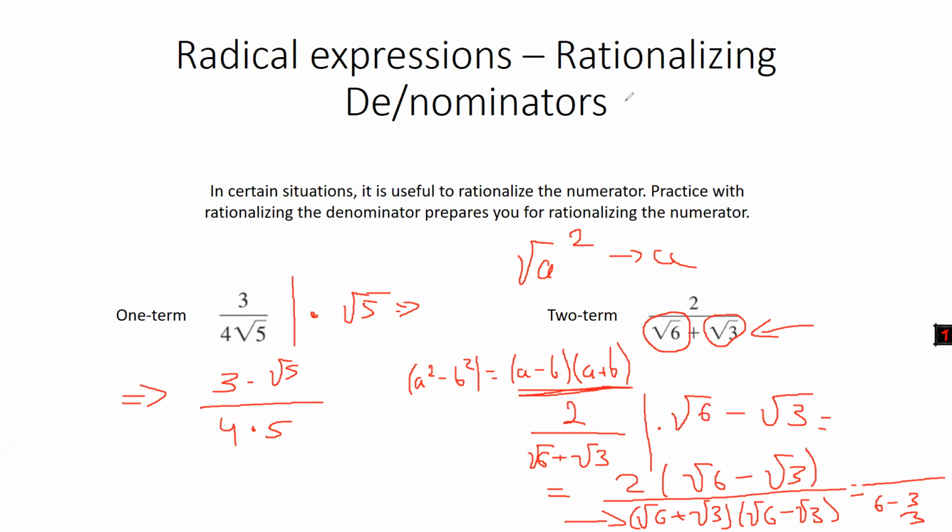Yeah, I got it. Can I ask, how is √6 plus √3 a difference of squares if it's a plus? In this example, look, the formula for the difference of squares looks like this. The first bracket has plus or minus, and the second has plus.